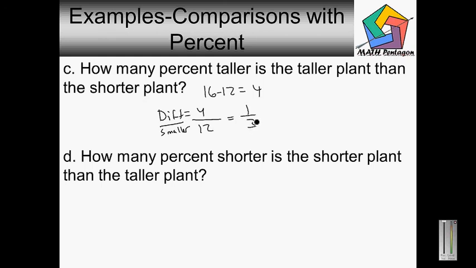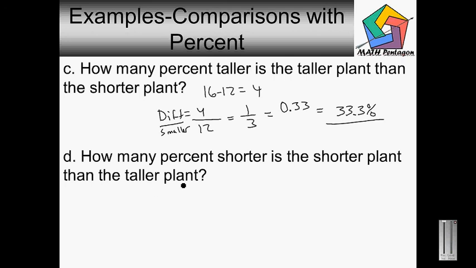So we just reduce this to 1/3, and we just do 1 divided by 3, which is going to give us 0.33, and you multiply that by 100, which is going to give us 33.3% as our final answer for this one.